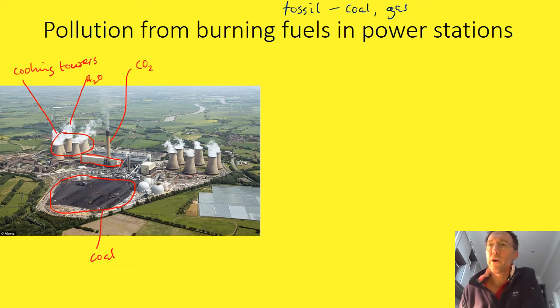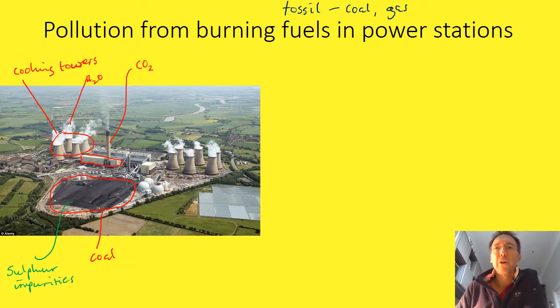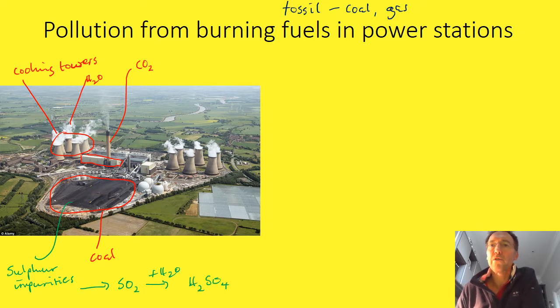But the problem with coal-fired power stations and other fossil fuels is that as well as carbon dioxide, we've also got sulfur impurities. When those sulfur impurities get burnt, we make sulfur dioxide, and sulfur dioxide dissolves in the clouds and eventually makes sulfuric acid, like that.